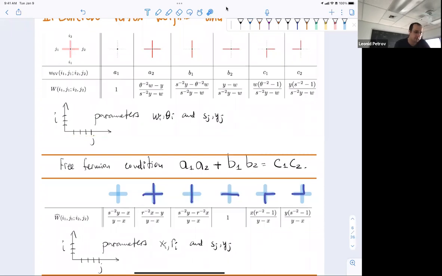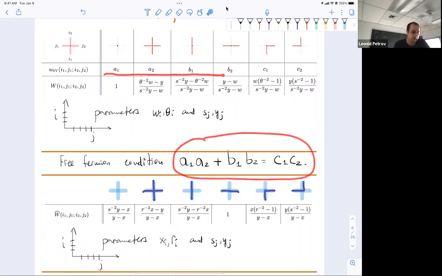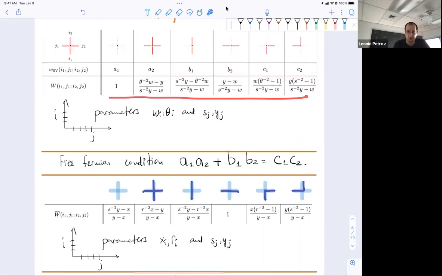And then one can check that this normalization satisfies the free fermion condition, which has this form. So for the general 6 vertex weights, AI, BI, CI, you would get the free fermion condition to say this, and after a little algebra, you can check that these things satisfy this. And the blue weights are defined in a similar way.